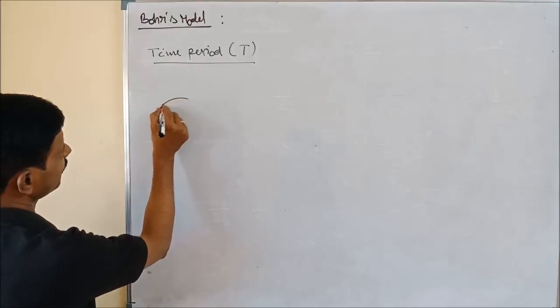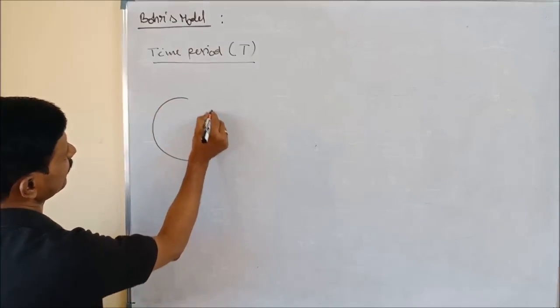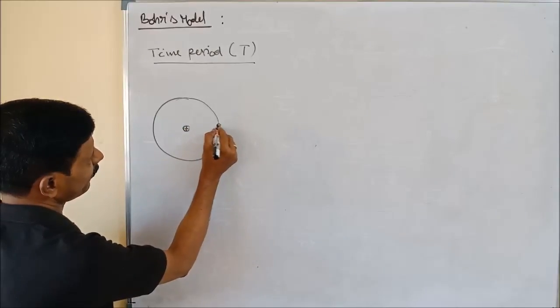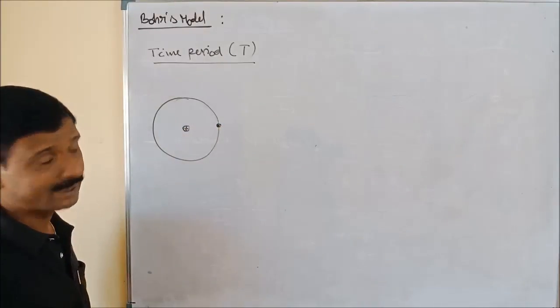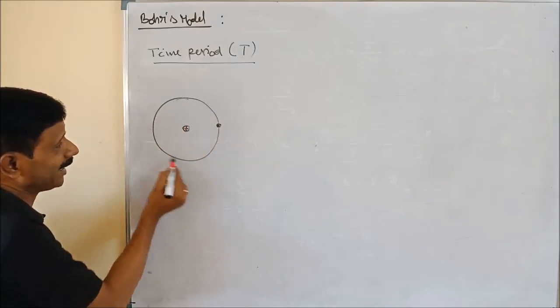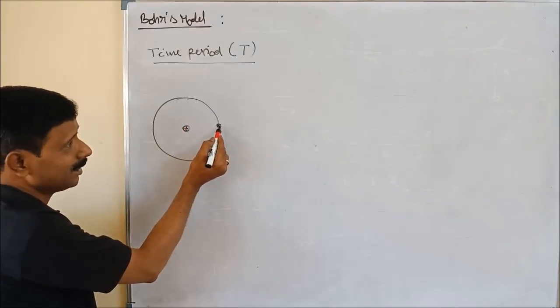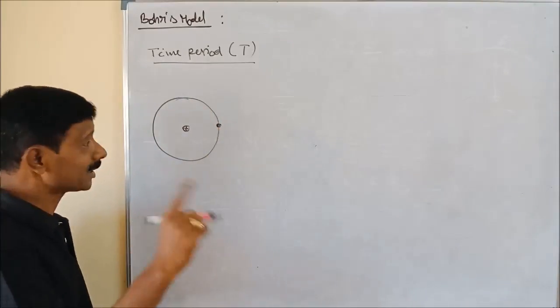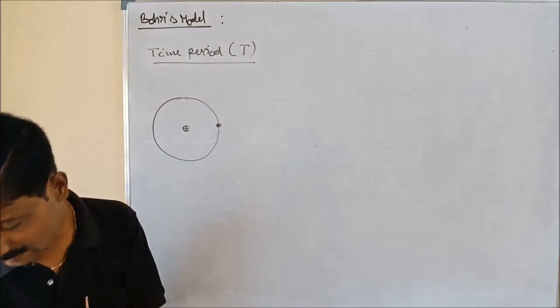See this, this is the circular orbit, and in this the electron is revolving. Time period is the time required to complete one rotation. It means if the electron starts from this point, it has to come back to this point. That is one rotation. For that, how much time does it require?